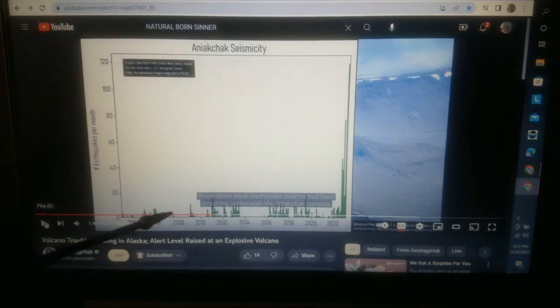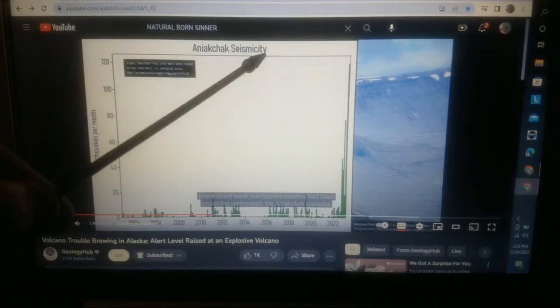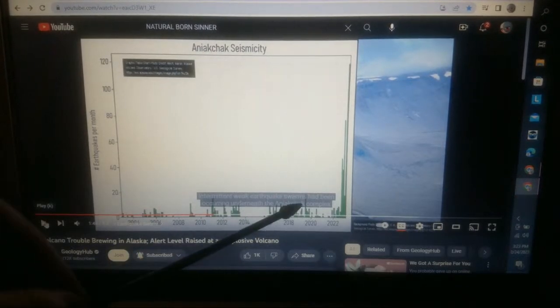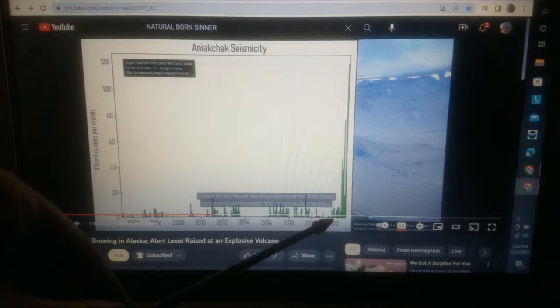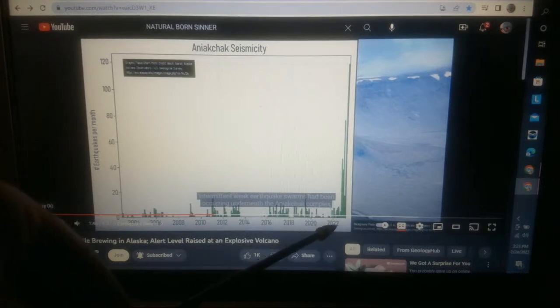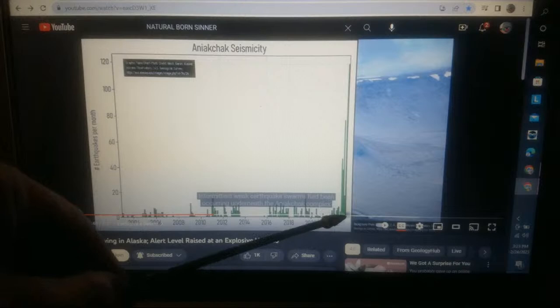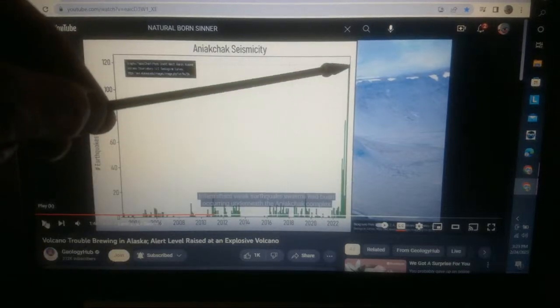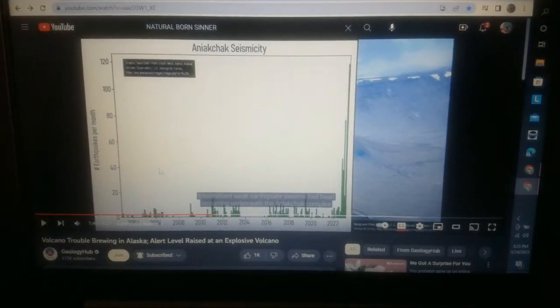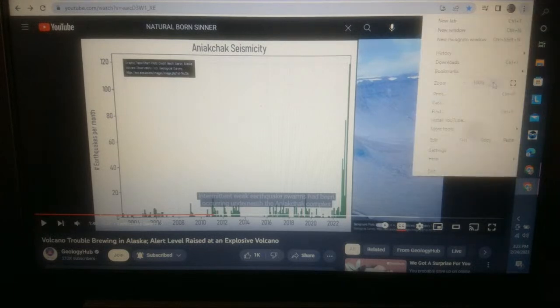Just real quick, this chart shows the seismicity of this volcano. It's been really quiet, but it starts picking up in 2022. I don't know if you can see this very last spike goes clear up to here. Let me zoom in so you don't think it's the line on the box, that it's actually the graph.